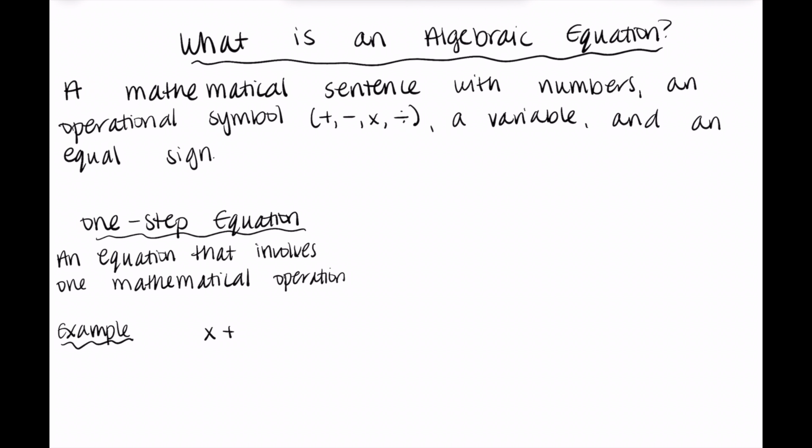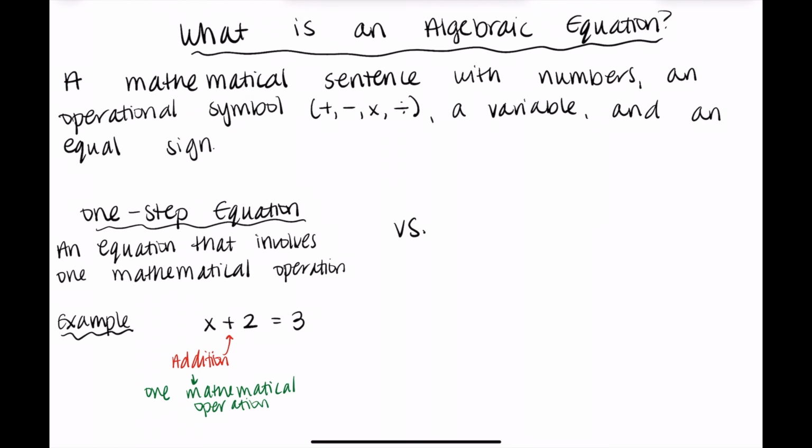An example of this could look like x plus 2 equals 3. We have a variable, we have a number, we have our equal sign, and we have one operational symbol. And in this example, it is addition. So since it just has one, this would be classified as a one-step equation.